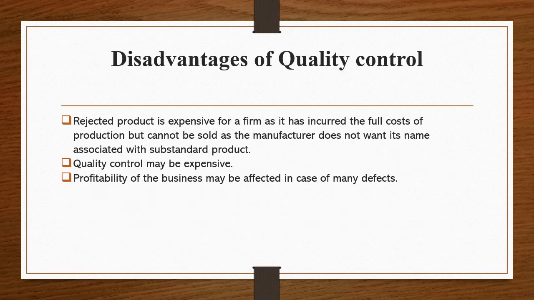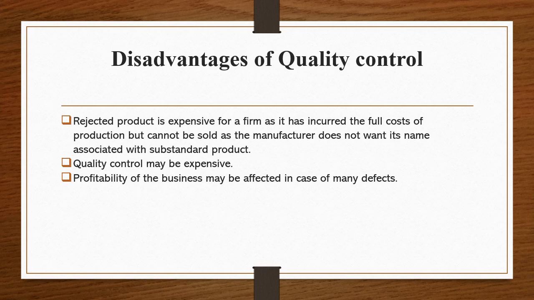Anyway, we may also talk about the other side of quality control, what can be the shortcomings. First of all, a rejected product is expensive for a firm as it has incurred the full cost of production but cannot be sold, as the manufacturer does not want its name associated with the substandard product.